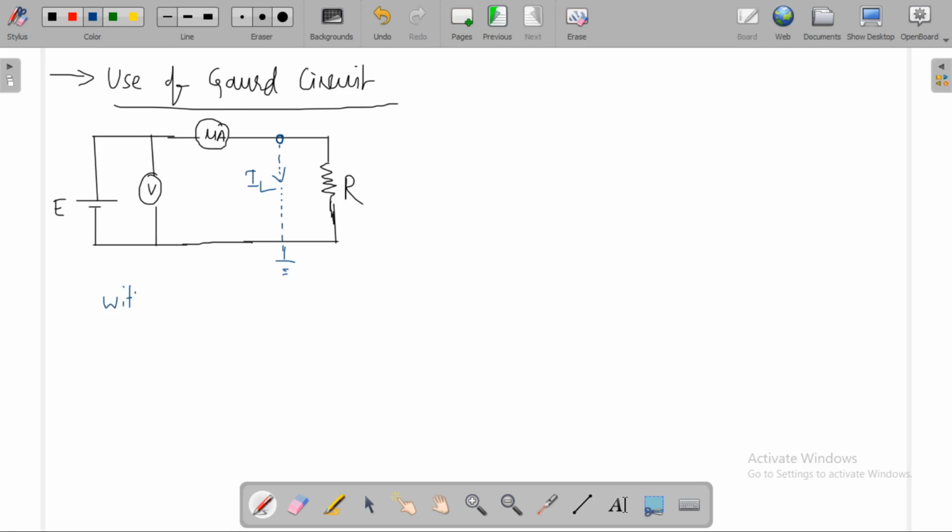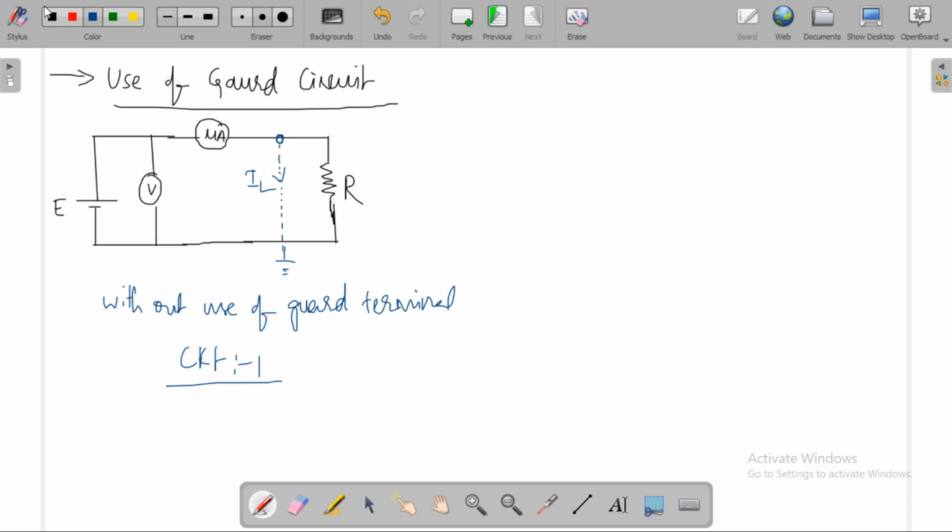This is without use of the guard terminal. Let this be circuit 1.